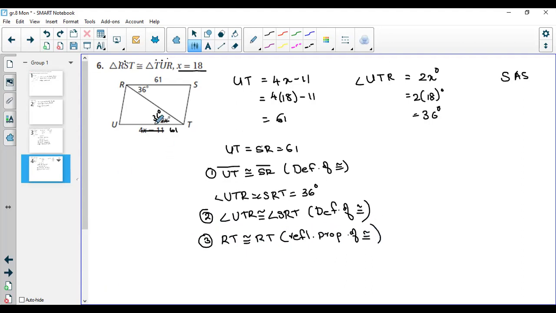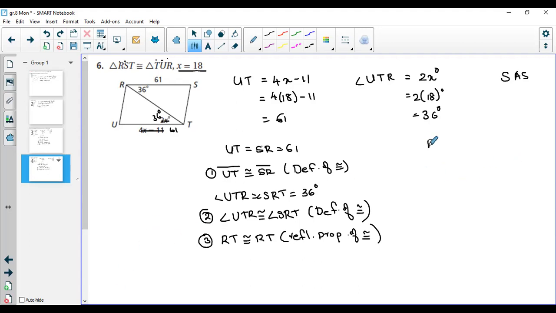Now, if you want, you could also use RU and ST. Okay, now they are parallel sides. So you could say RU is parallel to ST. This is an extra statement for your proof. So it's better to add extra, but for now, don't confuse yourself with that.